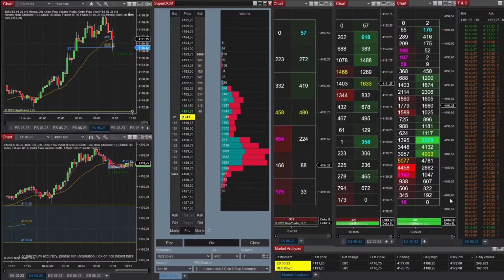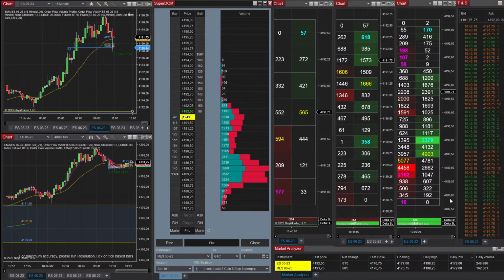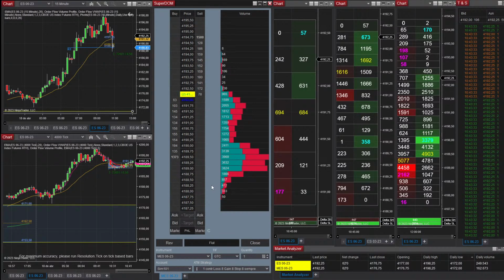I don't think it works because here we have a three-point range, and we were ranging in 1.5 and 1.5 points. So it's not enough for me to be worth the risk.